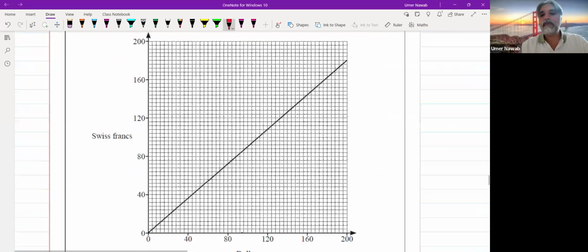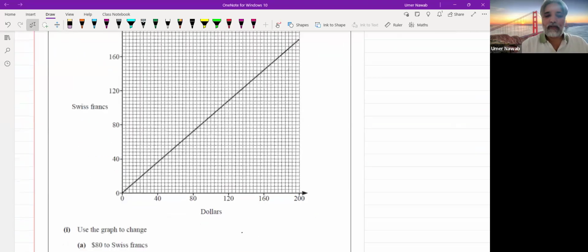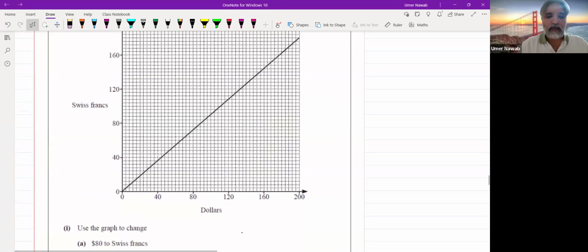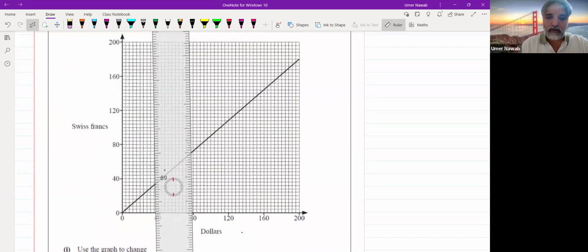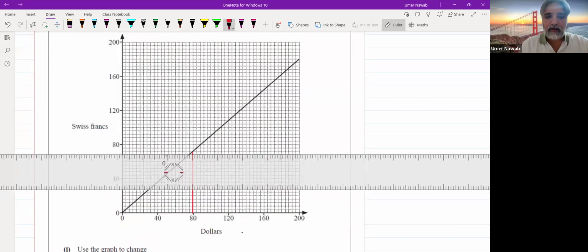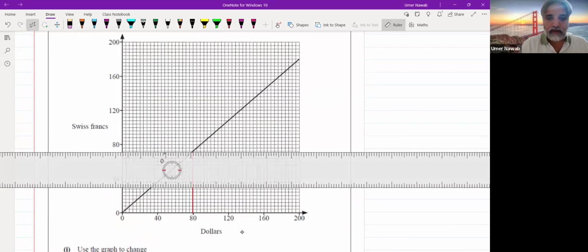Conversion graphs. If we look at conversion graphs, guys, we have to give the first answer for $80. Check that. This is your $80. Draw the straight vertical line, hit the curve, and then move parallel to the x-axis and hit the y-axis.